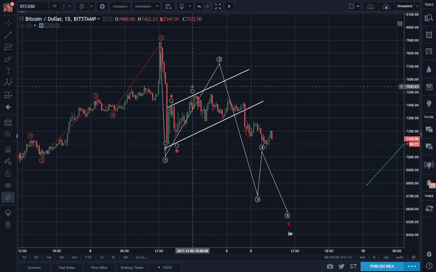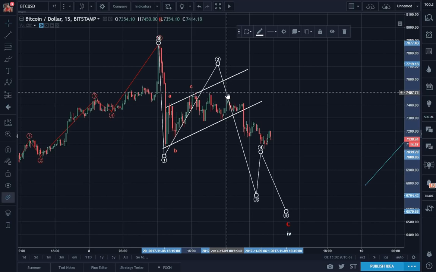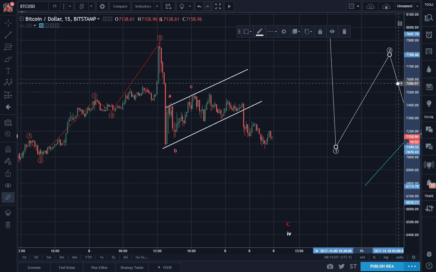So if this was ABC, what is this? So this is 1. So I see 1, 2, 3, 4, 5. So this is an impulse down 1. And then I see, do you see a pattern here in this? Let me just move this to the side a little bit. There you go. So you can see.